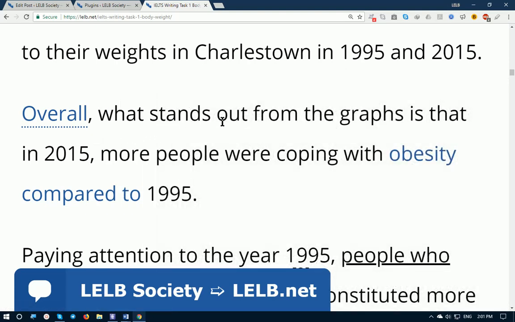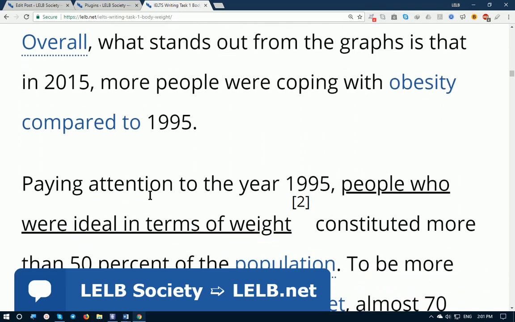Overall, what stands out, it means is noticeable from the graphs, is that in 2015 more people were coping with or dealing with obesity compared to 1995. Another mistake, because the date refers, as I said, to around half of a century ago, not, for example, 20 years ago.